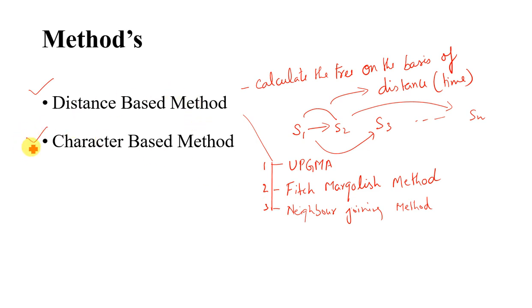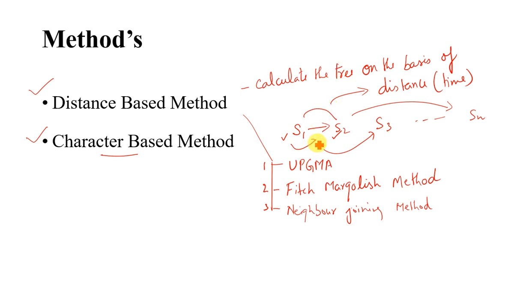There is another method for tree construction, the character based method, where we are not going for time. Considering whatever number of species we have, we just focus on the specific characters these species have, and whether they have similar characters or not. If they have a similar character, how did that character evolve from this species? Are they following the same character, or do they have a modified character?